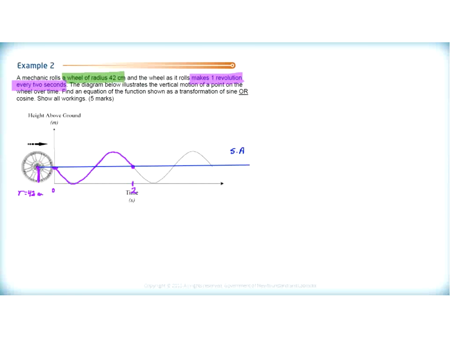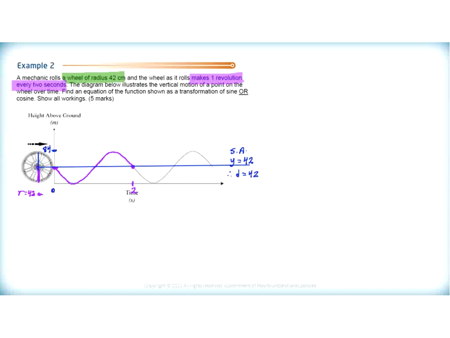So the equation of the sinusoidal axis is y equals 42, and that will give us the value of d in our equation. The maximum height reached by that wheel has to be 42 plus 42, which represents the diameter of the wheel. So the maximum height will occur at 84, and the minimum height will occur at 0 because the wheel is rolling along the ground.